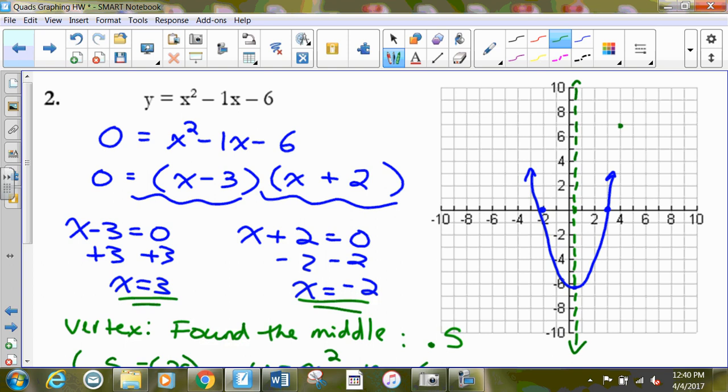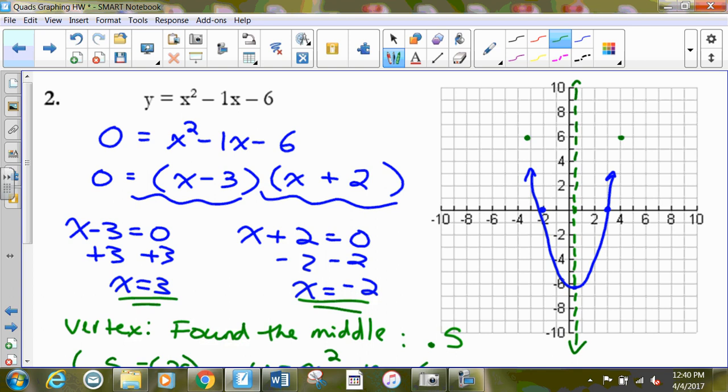That looks very reasonable. If we continue to bring up the blue line, negative 3, 6... I'm sorry, I should be doing 4, 6, not 4, 7. Okay, 4, 6 and negative 3, 6. Both of those look like they're right on track.